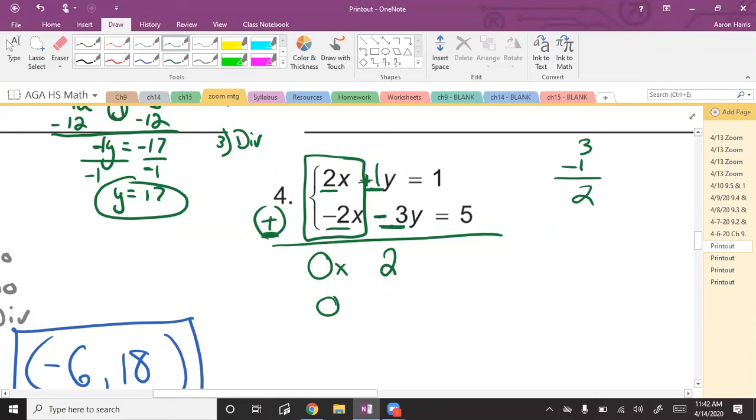Keep the sign of the bigger number, so it's -2, correct? And y equals 1 plus 5. And what is 1 plus 5? 6. Okay, so now I'm going to solve for y.